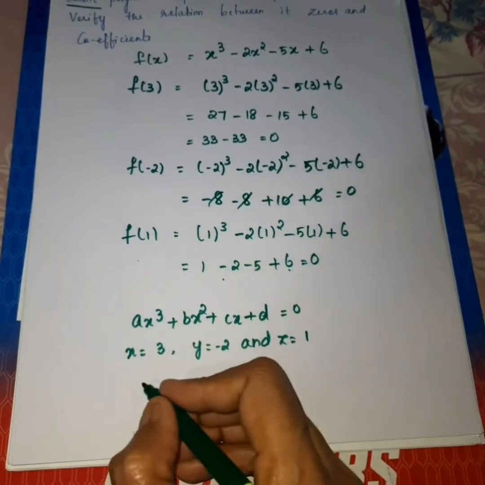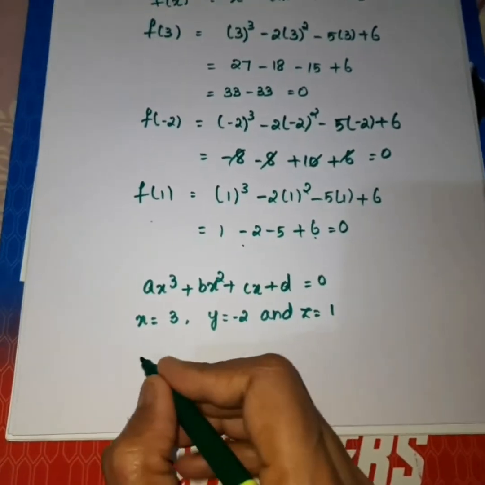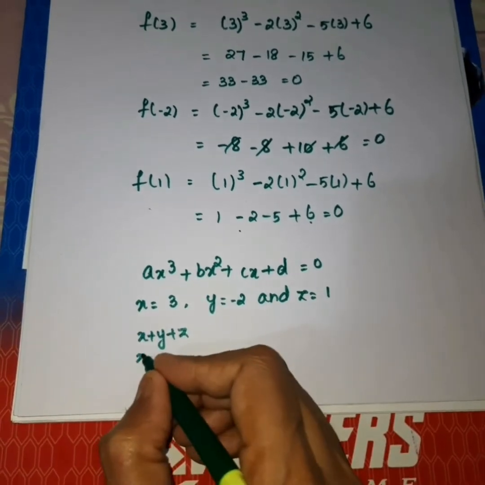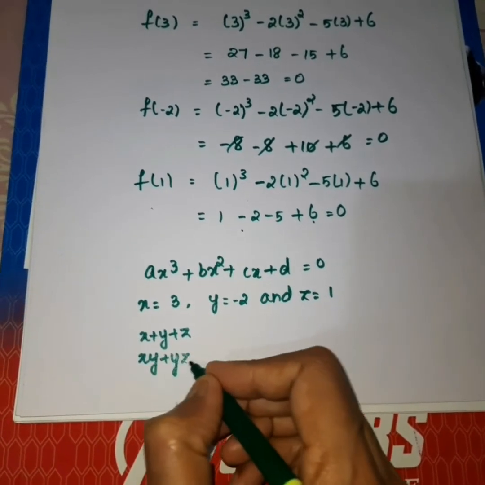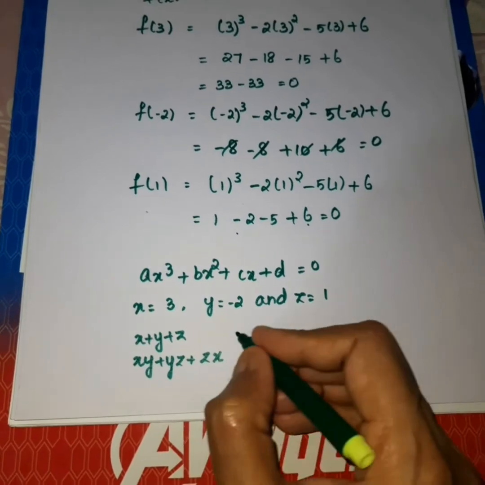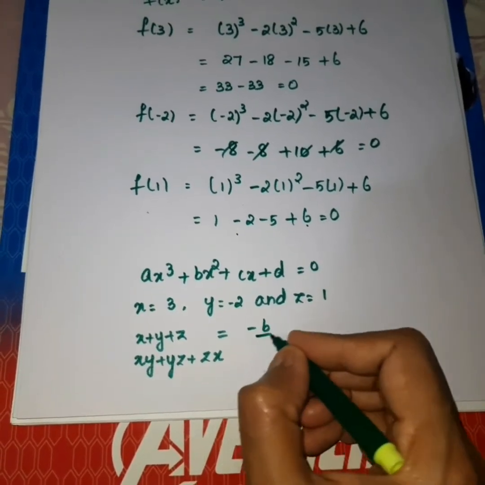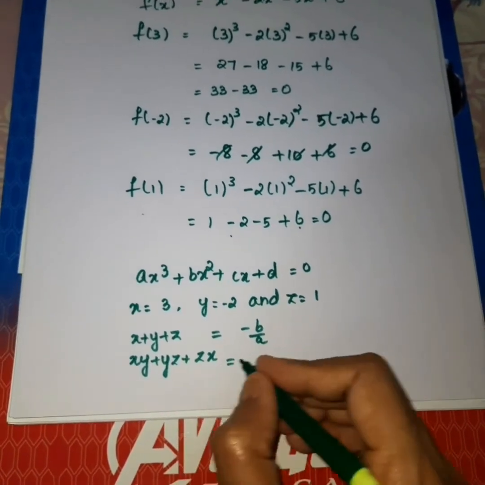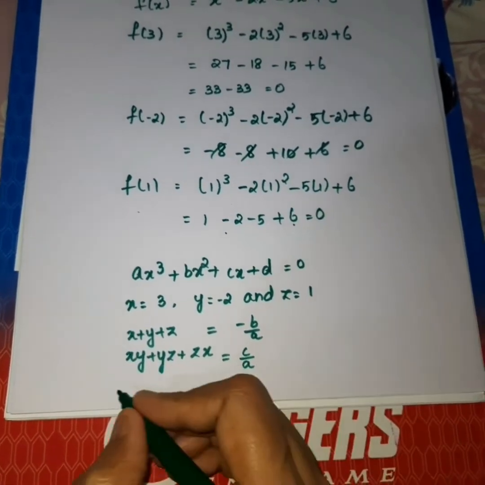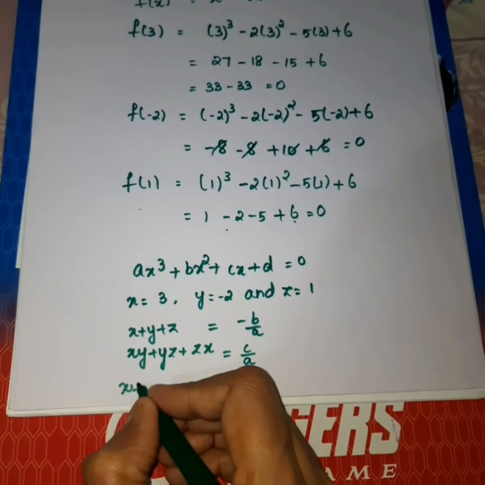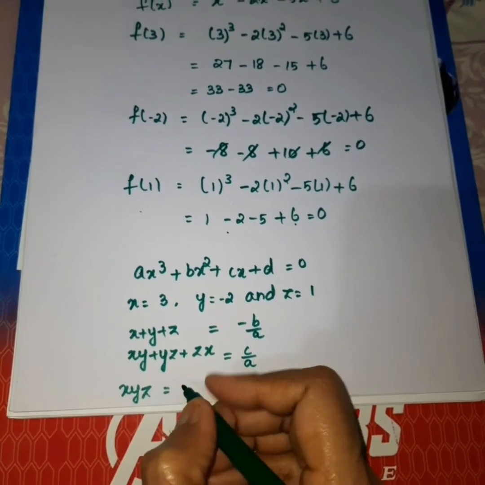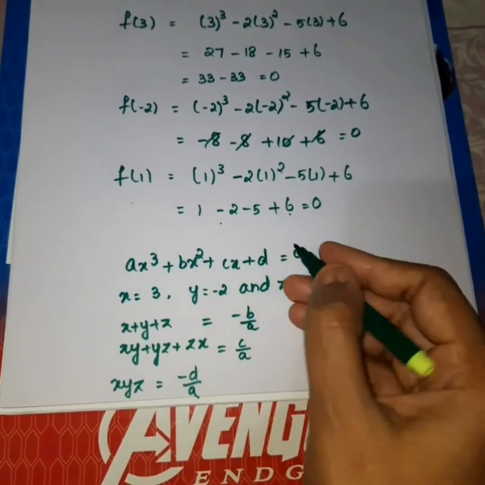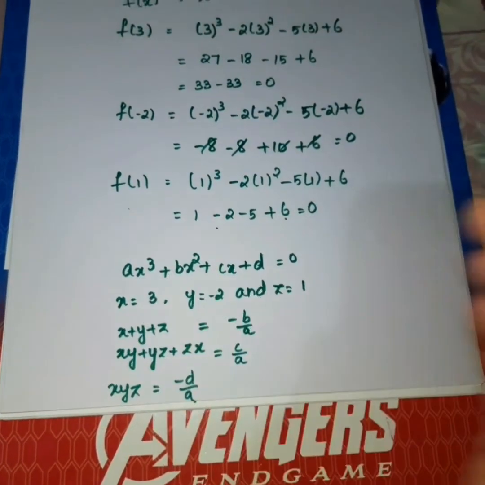It can be represented even as alpha, beta and gamma, any variable name. So x plus y plus z, that is one sum, equal to minus b by a. The other sum is the product of only two factors at a time, sum of products of two factors, that's going to be of the form c by a. And the product of all three, x, y, z, is equal to minus d by a.